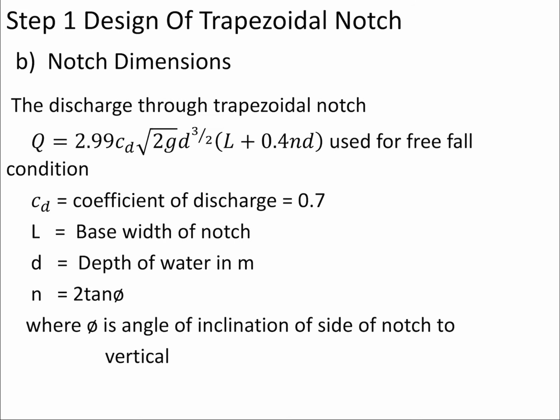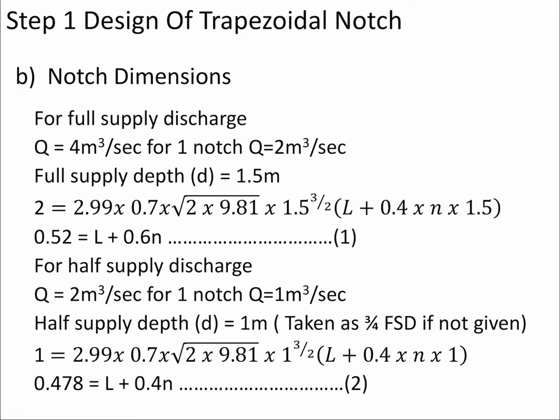Full supply discharge as well as half supply discharge. So for full supply discharge, the full discharge is 4 meter cube per second. So through one notch it will be 4 by 2 meter cube per second. Full supply depth given in the question as 1.5 meter. So substituting that, we will get an equation in terms of L and N. For half supply discharge, the Q will be equal to 4 by 2 meter cube per second.